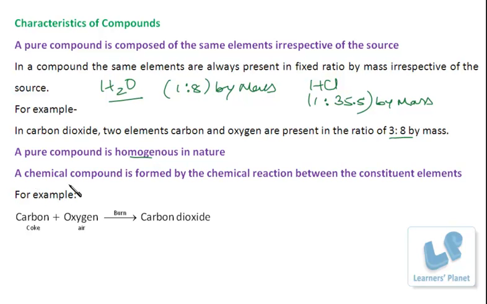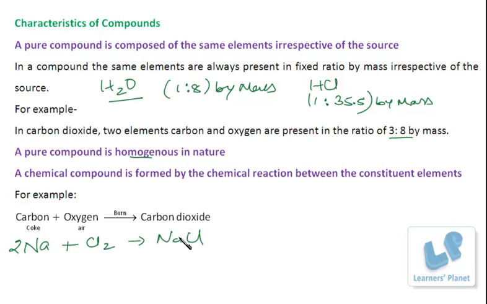The next property is, a chemical compound is formed by the chemical reaction between the constituent elements. A compound is actually formed by the reaction of the elements. Say, carbon, when burnt in air, forms carbon dioxide. Say, sodium, when it reacts with chlorine, forms sodium chloride.